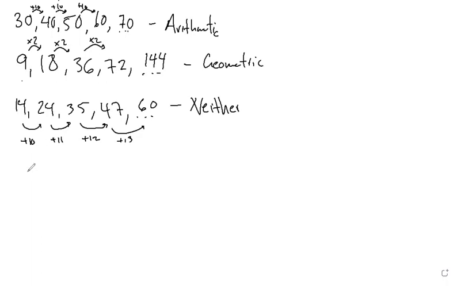Let me do one more. 1/2, 1/3, 1/4, 1/5. What's the next element in this sequence? Hopefully you can all get this. 1/6. And so is this arithmetic, geometric, or neither?